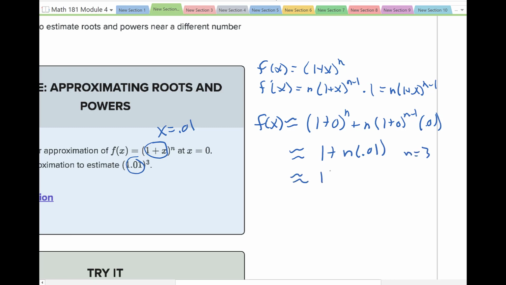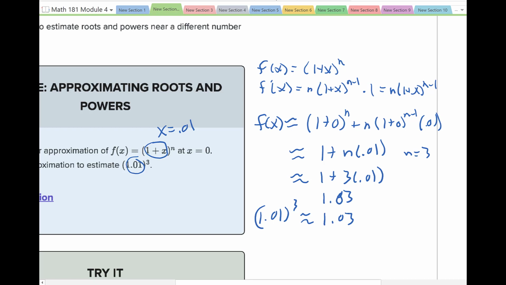So it's approximately 1 plus 3 times 0.01, or 1.03. So what we're saying is 1.01 to the third power is approximately 1.03.